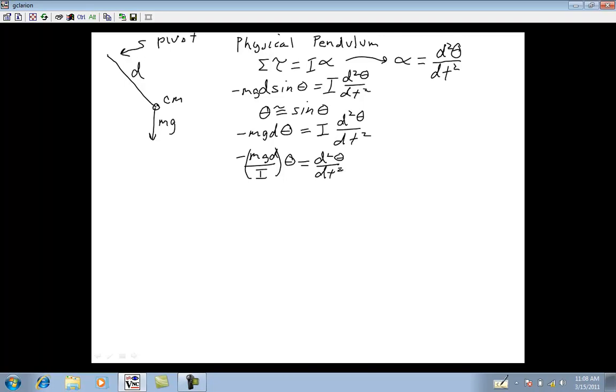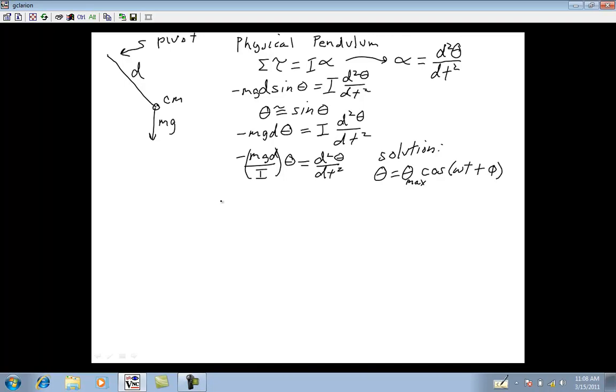All right. Now, remember, just like before, the solution to this is once again theta is equal to theta max, remember, the maximum angular displacement, times cosine of omega t plus phi.